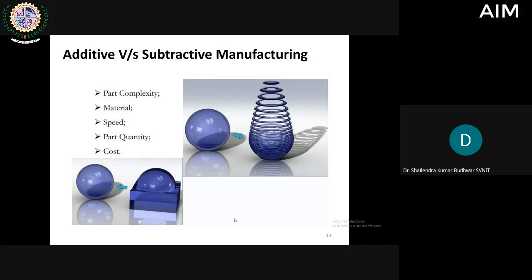Because it is not used for mass production, the cost of the part is somewhat higher as compared to conventional manufacturing technologies which are used for making parts at mass level. But in the future it may be possible that this technique can be used for mass production and the cost of the parts may be comparable to the conventional manufacturing technologies.